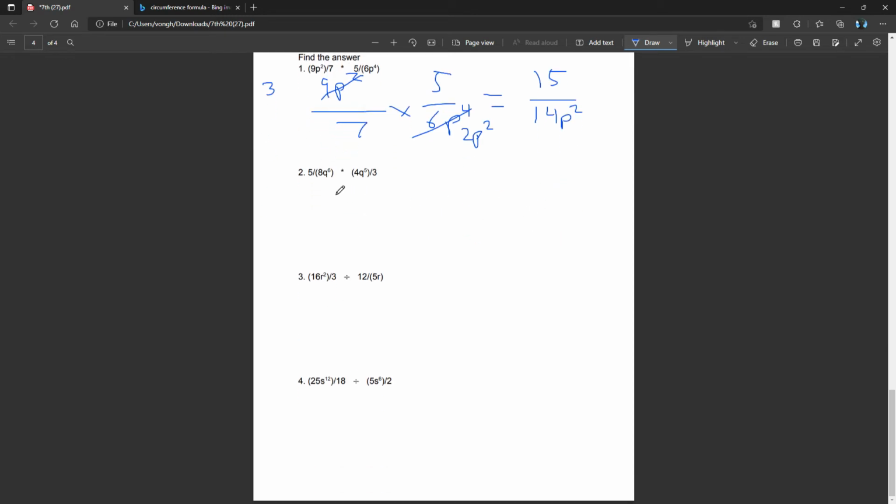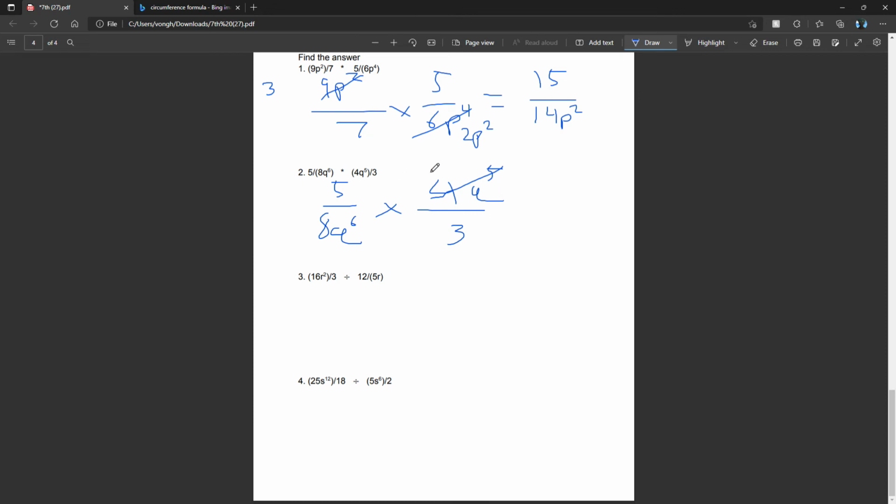The same thing for number 2. We would have 5 over 8q to the 6th power times 4q to the 5th power over 3. And so here we can simplify it this way. The greatest common factor between 4q to the 5th and 8q to the 6th would be 4q to the 5th.